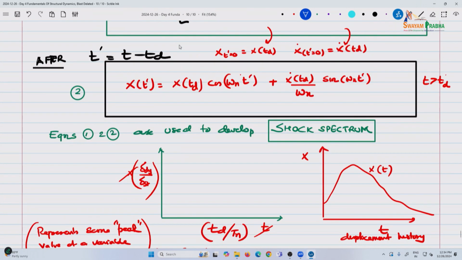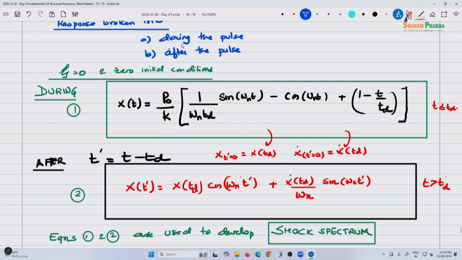For each TD, I have a stiffness, I have an omega n. If you want to try developing a tutorial idea for developing a shock spectrum, more Excel work, and if we do not have time, you can try that. What do you have to do here?